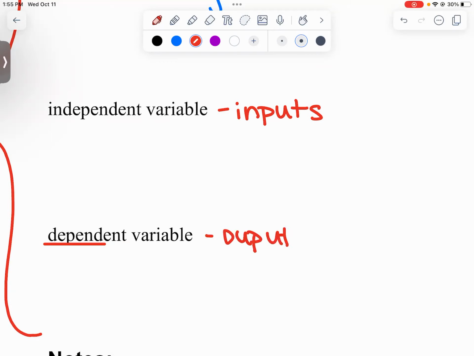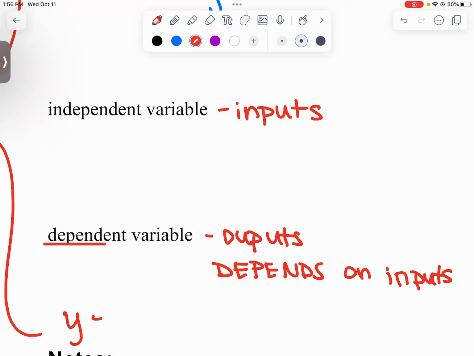It depends on the inputs to get the outputs, right? If I have an equation, y equals 3x plus 7, and I say plug in x is 3, plug in x is 4, plug in x is 65, okay? I can't get a y unless I plug in an x. You see what I'm saying? So y depends on x.